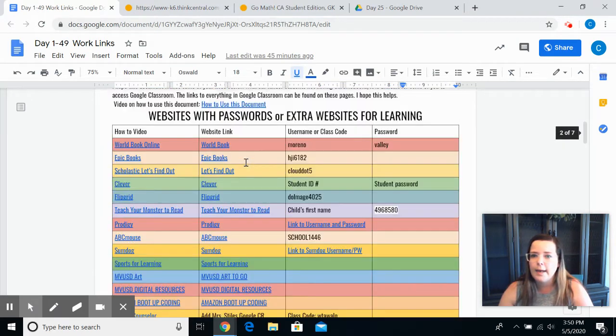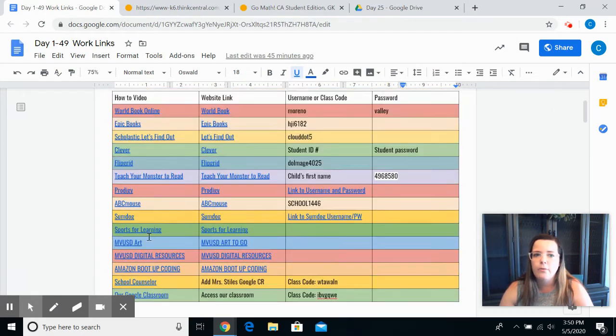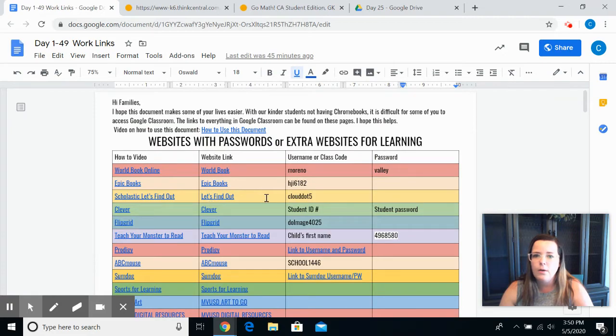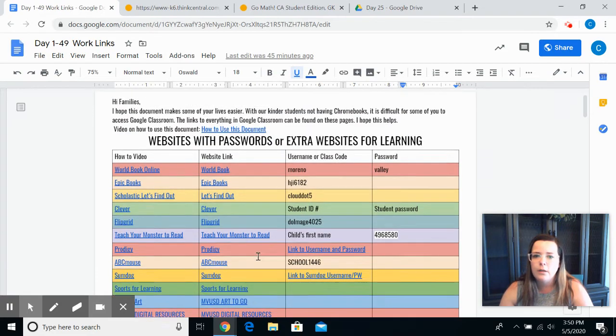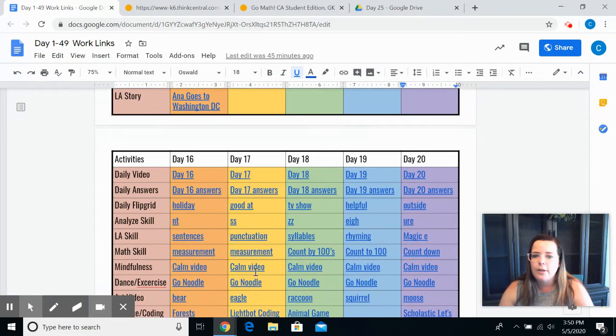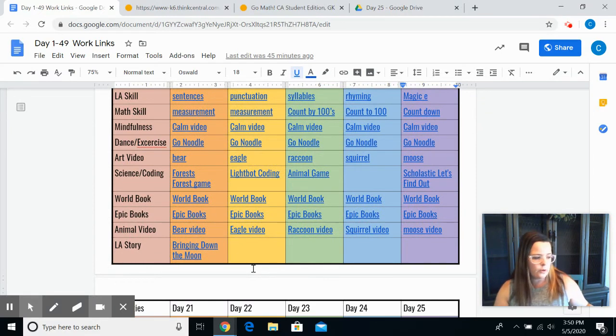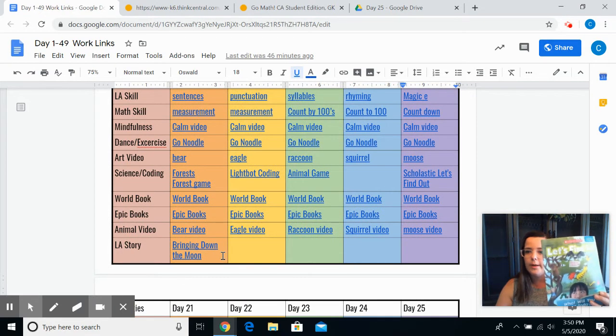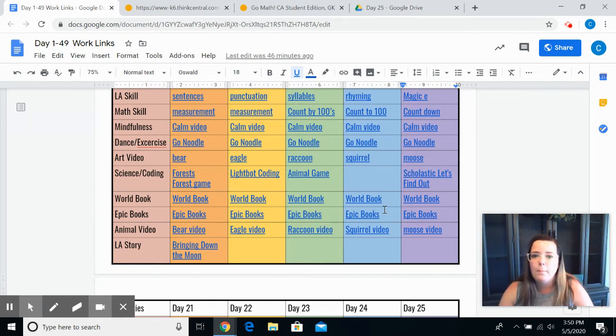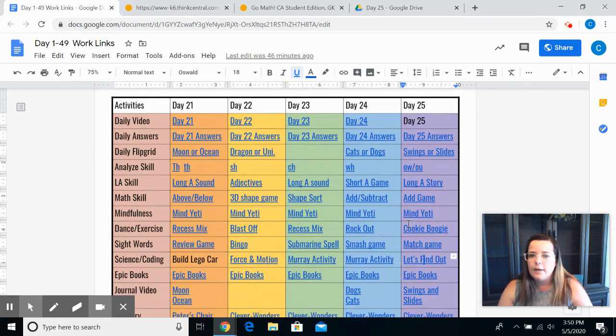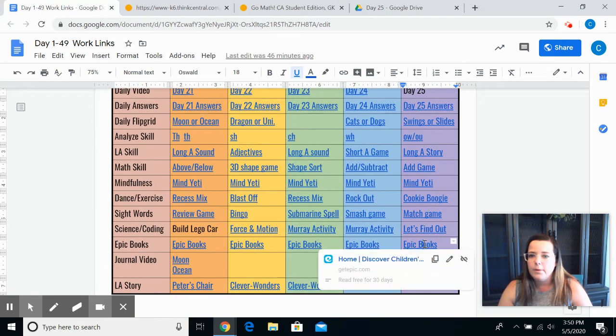It tells your moms and dads that password right here for Let's Find Out, cloud.5. After your Let's Find Out video, and if you're wondering which one it is on Let's Find Out, since I didn't pull it all the way up, this is the first one that I put in your bag. The next activity today, after Let's Find Out, is going to be Epic Books.